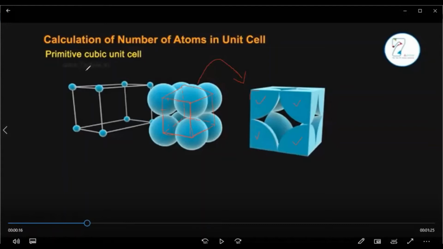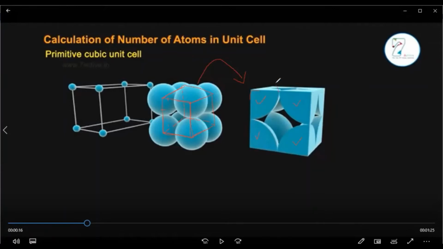So what I want to show you is that 4 atoms and 4 atoms, totally 8 atoms, are there in the simple cubic structure, first thing, and those are in contact with each other, right? And when you draw a cube considering all 8 atoms, that cube will enclose only these parts.